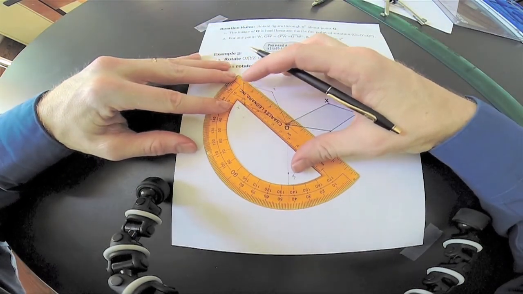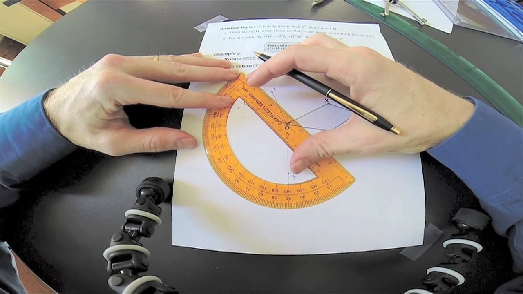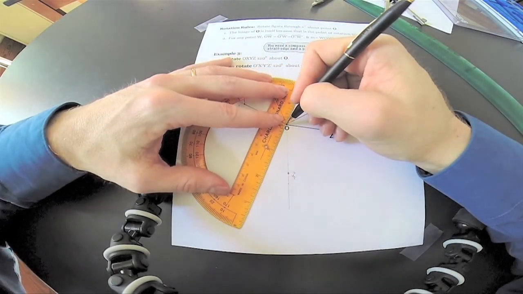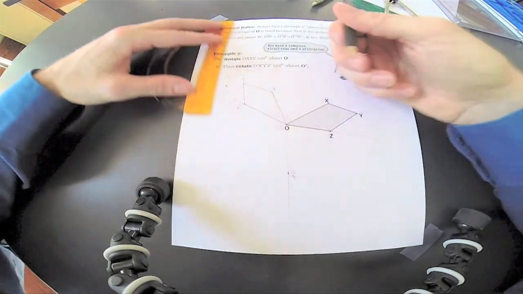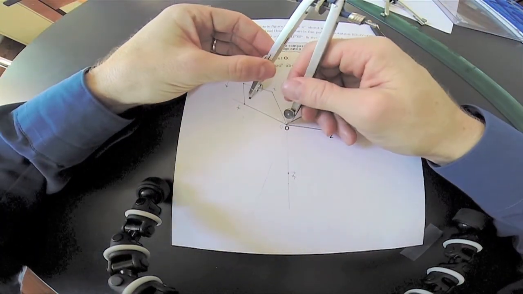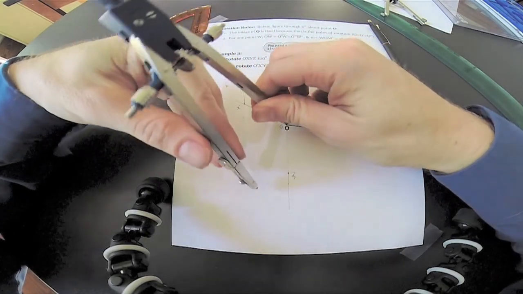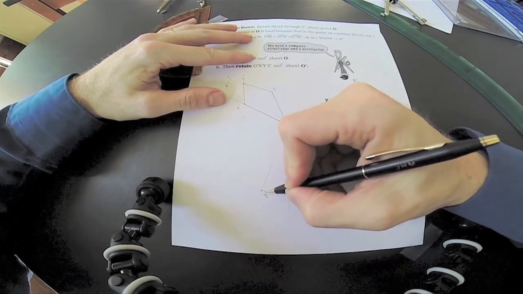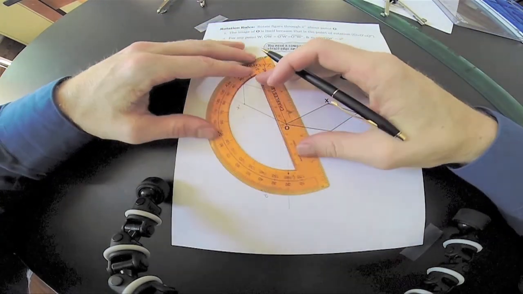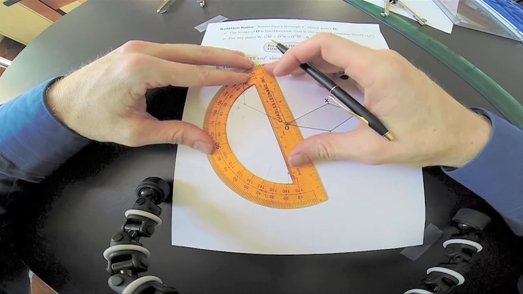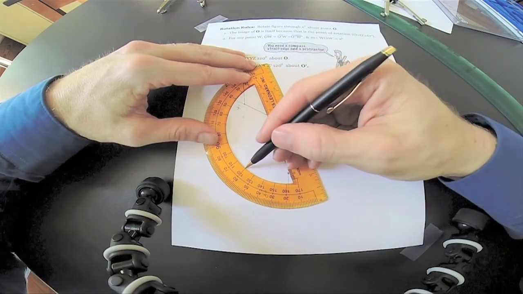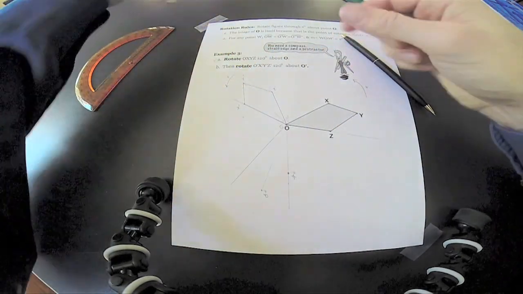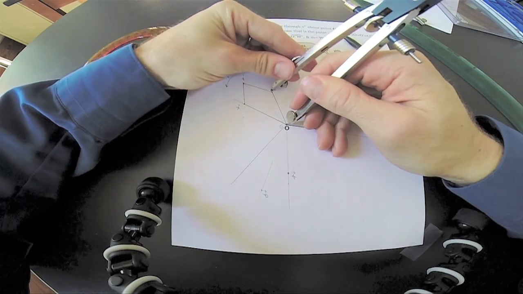So now I've got Y prime here, and I need to find Y double prime. I'm going to rotate it 120. Z is my last one. Z double prime, that is.